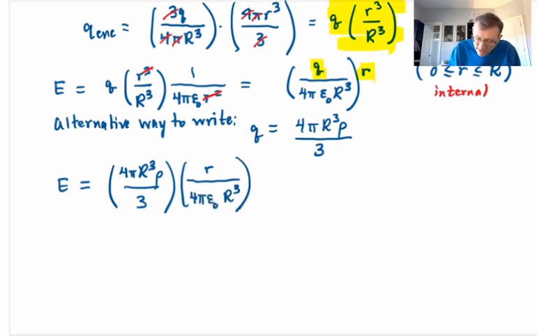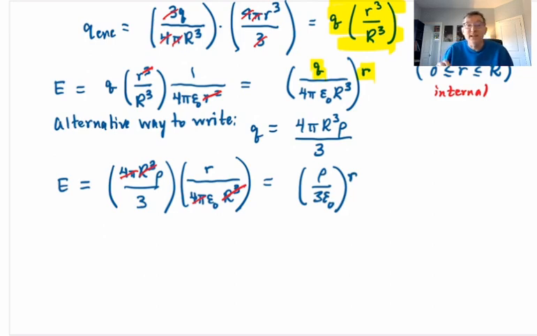And quite a bit of stuff cancels, and I get rho over 3 epsilon 0 times the little r that's upstairs. So that's just an alternative way you'll sometimes see the internal field formula. It's the one to use if the problem gives you the volume charge density of the solid. But if they give you the total charge of the solid, then use the one right up above.